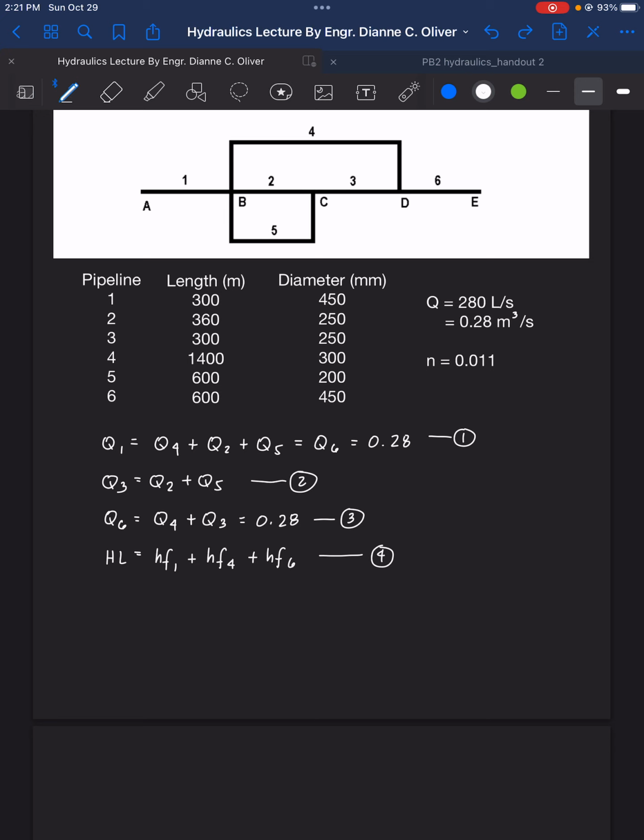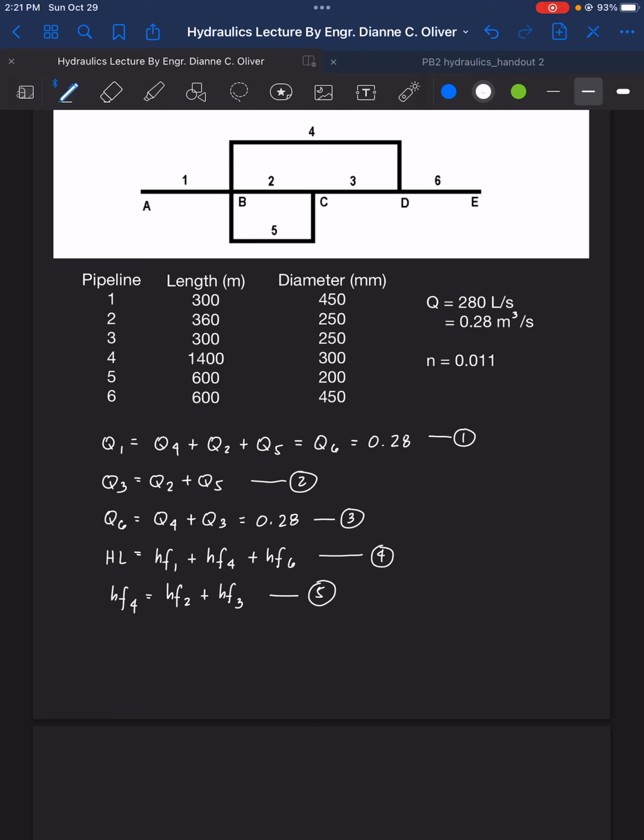For the head loss in pipe 4, that is equal to the head loss of 2 and 3. So the head loss of pipe 4 is equal to the total head loss of 2 and 3. So that is equation number 5.